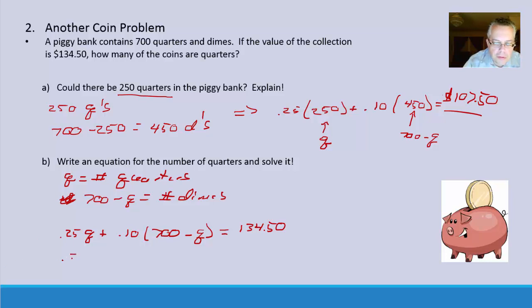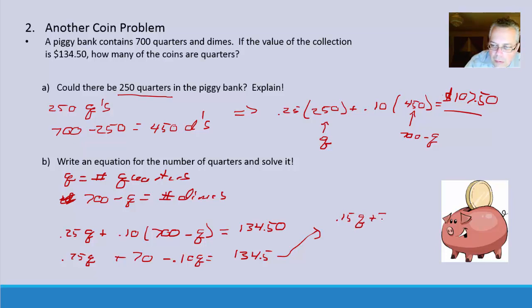We get 0.25q plus 0.1 times 700 is 70 minus 0.10q equals 134.5. And if we combine like terms, we get 0.15q plus 70 equals 134.5. And I can backtrack.